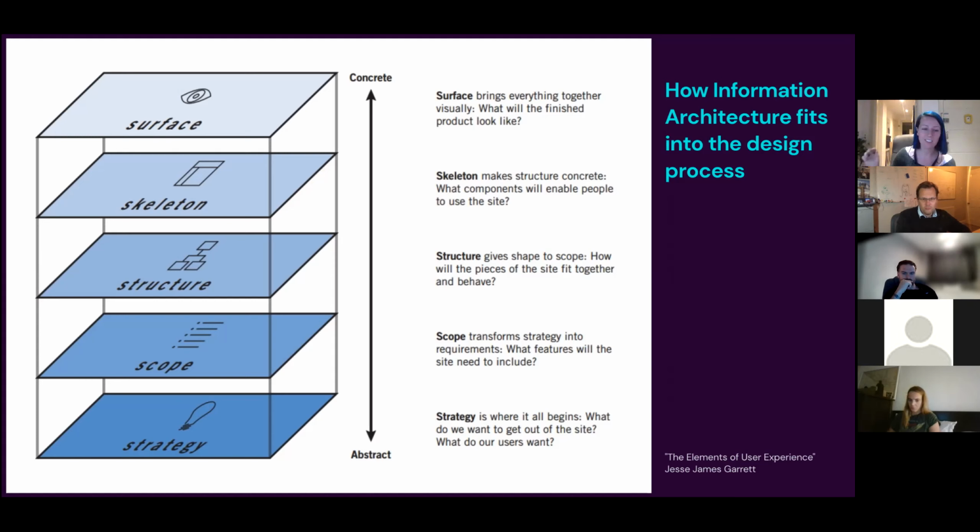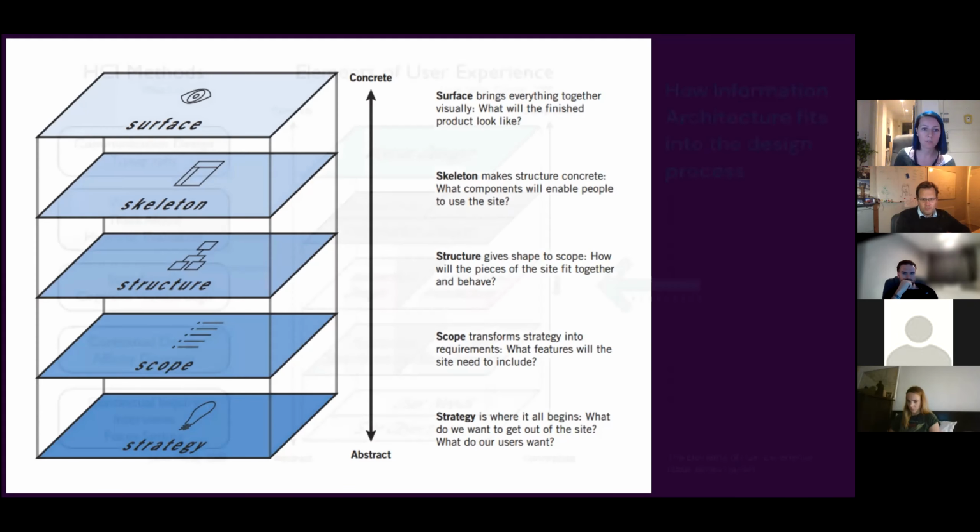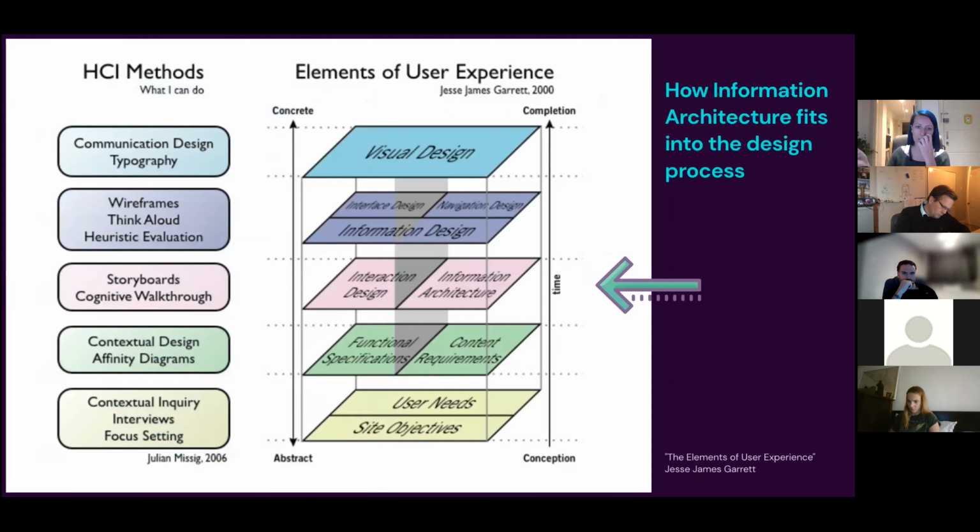So IA fits in the structure. We're in the middle plane. This is another view of that framework from the same book. At the bottom you've got your user needs and site objectives, moving through content requirements and specification, and then that third layer, the structure layer, is where information architecture and interaction design sit.